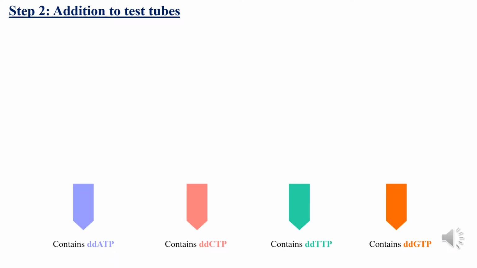Next, 4 test tubes are assembled, and into each of them, one of the 4 types of dideoxynucleotides, also known as ddNTPs, is added. Then, into each of the 4 test tubes, DNA polymerase is added. A mixture of radiolabeled deoxynucleotides or dNTPs is added.